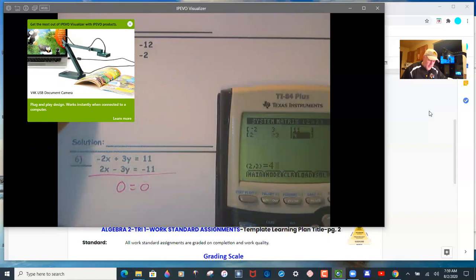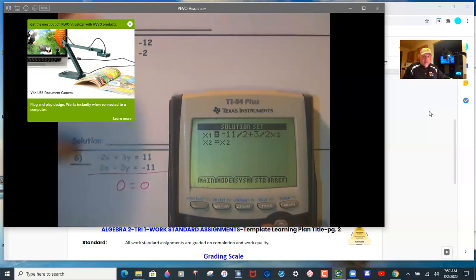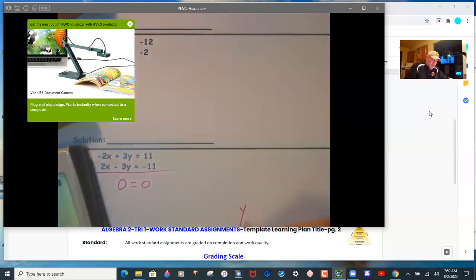Just solving one of the variables for the other, that's what's going on. So y is any number, and then x is negative 11 halves plus 3 halves times y.